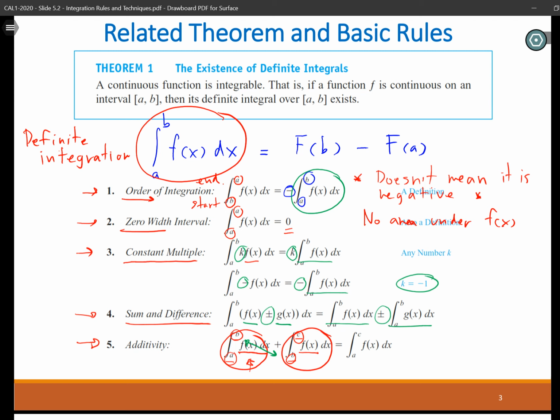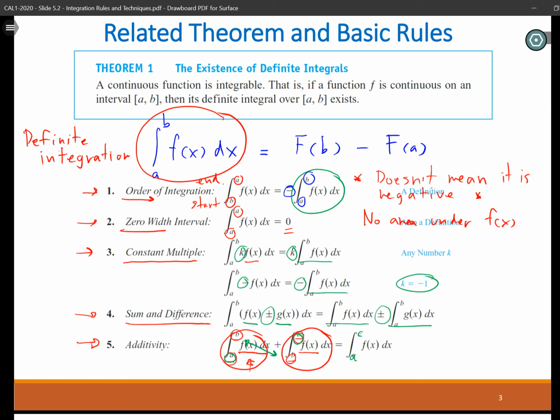It connects to each other, which means that the whole thing is the area starting from a to c, or you can express it as one integration starting from a right here and ending at c. This means that you can combine two integrals if they share one common endpoint.